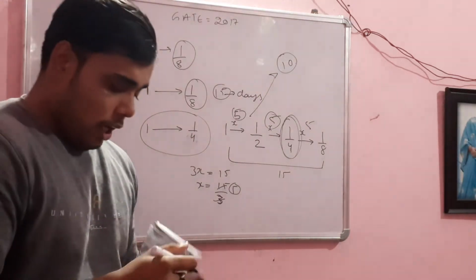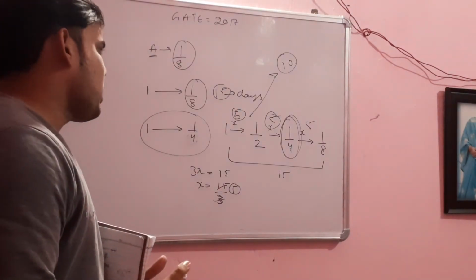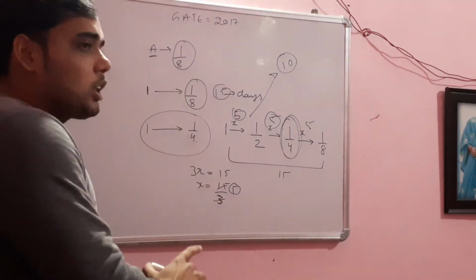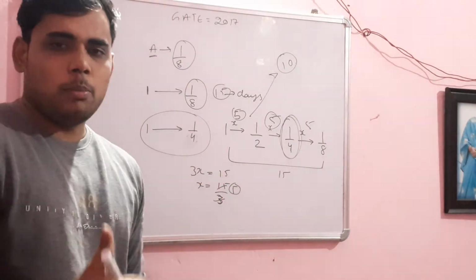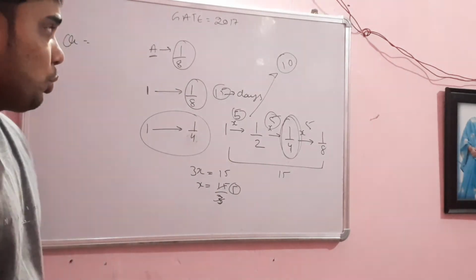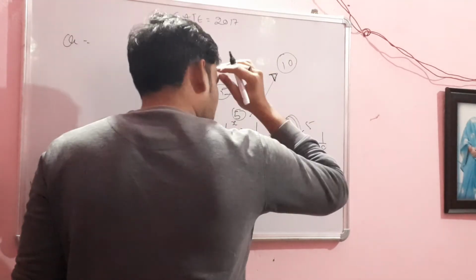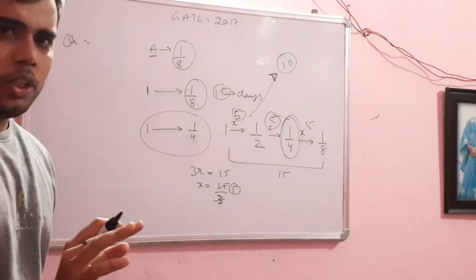But you have to pay attention, as I say every time: in a NAT type question, you are asked for decimal places. You have to put your answer in 2 decimal places, or 1 decimal place. So you do not put just 10 in your answer.